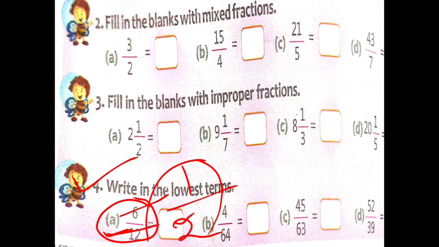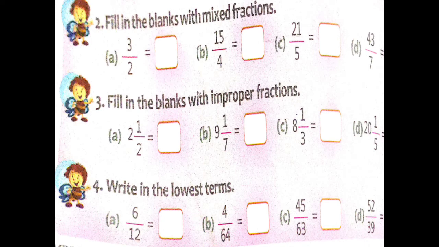Now we are talking about the next example, that is given 4 upon 64. How do you convert it? You know 64 is divisible by 4. So how will you do it? 4 ones are 4. Okay, and when we divide 64 by 4, how do you do it?